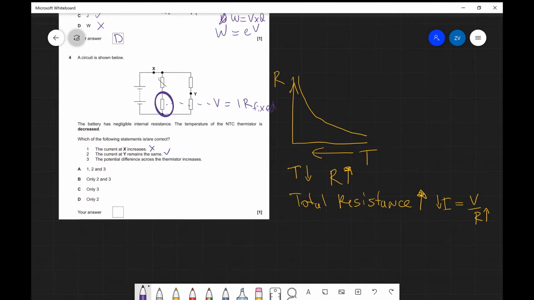So if the current is decreasing, the voltage across this has got to decrease as well. However, if the voltage across this fixed resistor decreases, that means the voltage across the thermistor has got to increase. So 3 is also correct. So in this case, the correct answer is going to be B, only 2 and 3.